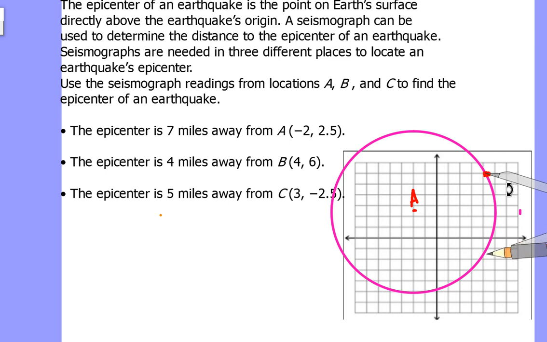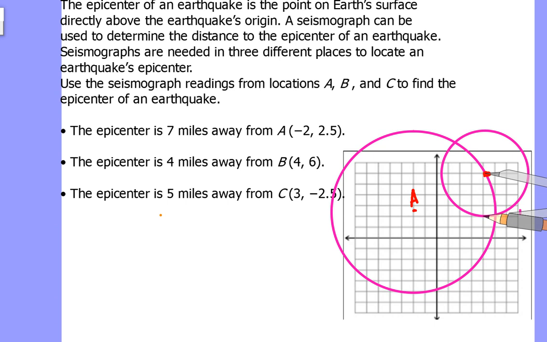So let's get it to where we have a radius of 4. Let me get it over a little bit. There we go, there is a radius of 4. So let's make our circle from 4, 6 with a radius of 4.